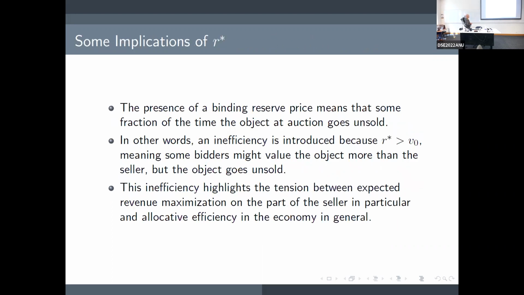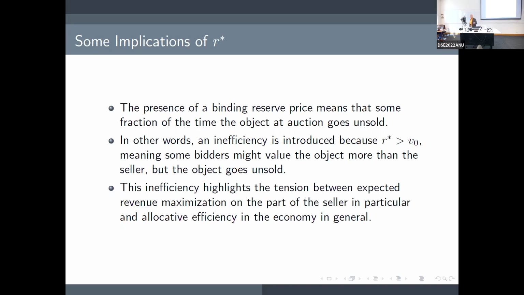Okay. So when you introduce a binding reserve price, so you've actually calculated the optimal auction, there's a little bit of a problem: this optimal auction introduces an inefficiency in the sense that some fraction of the time you're not going to sell the good, right? And you can actually calculate the probability of that.